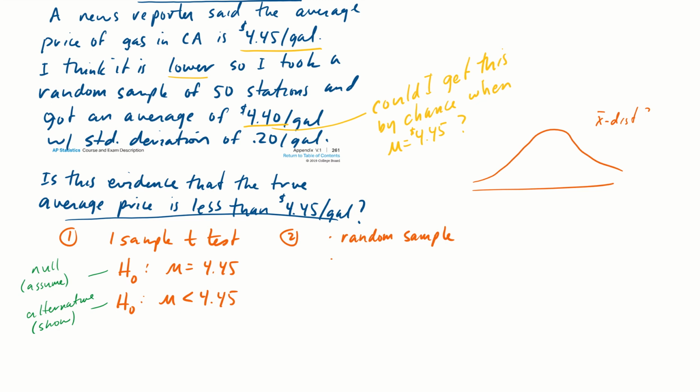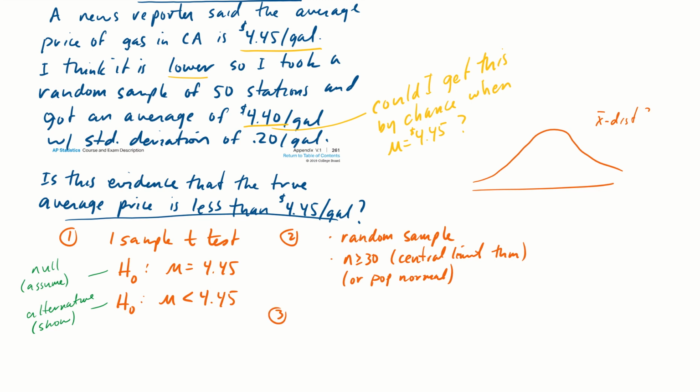Well, what makes that normal is n being bigger than or equal to 30. That's the central limit theorem. And if that's not the case, then if the population is normal, then this would be approximately normal as well.